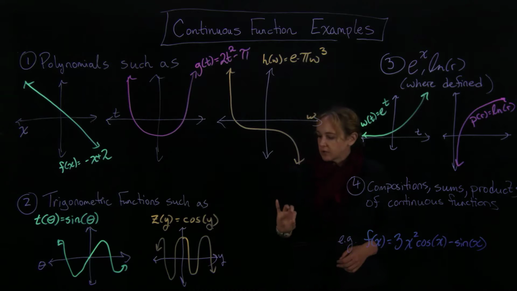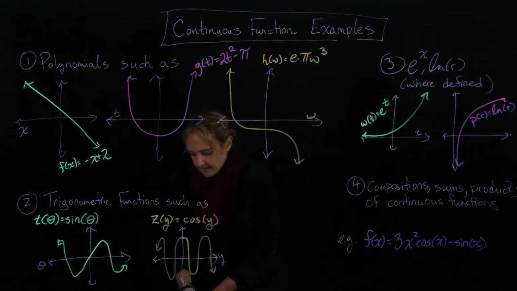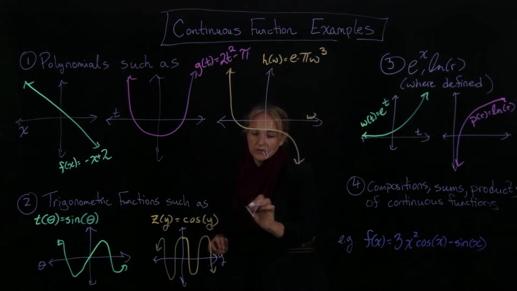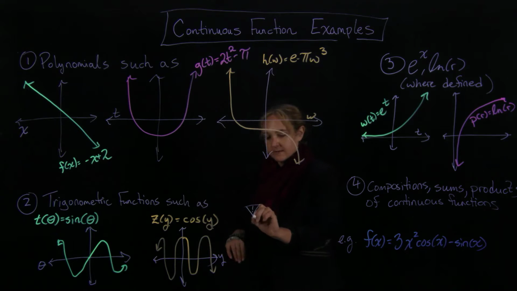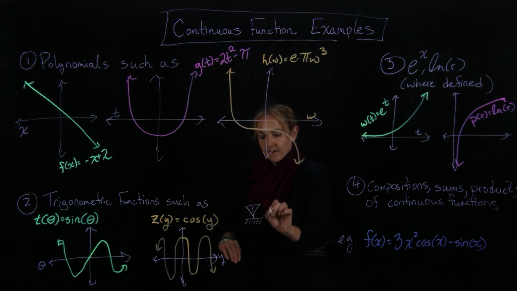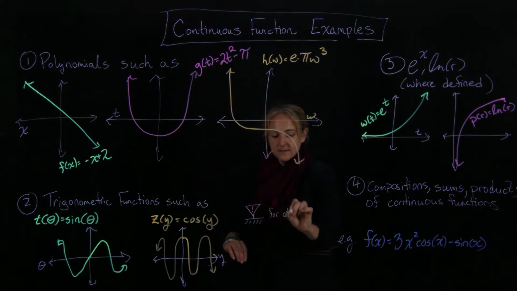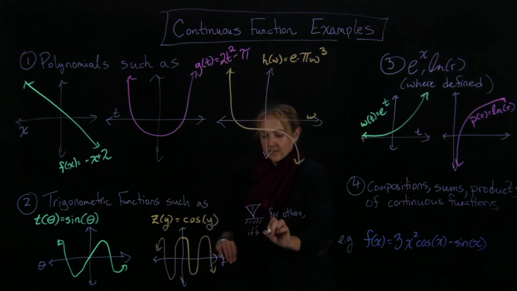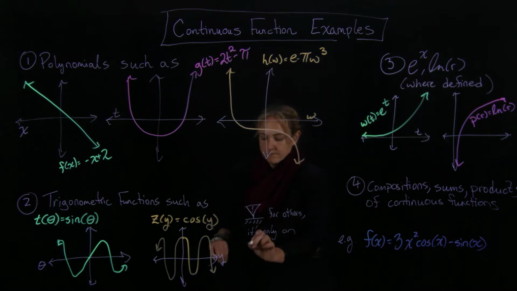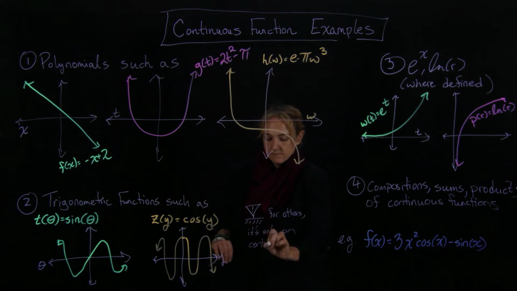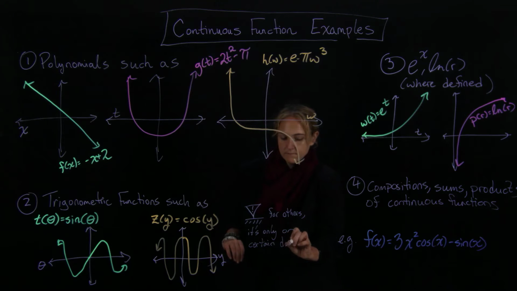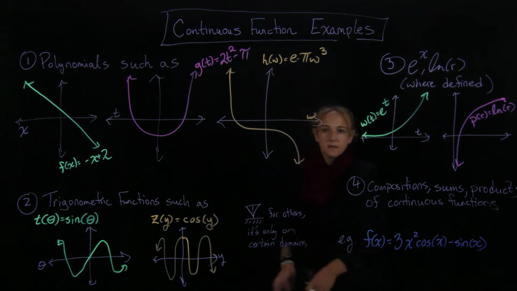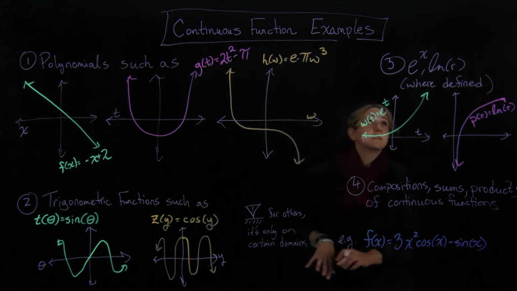You do have to watch out, because sometimes people will talk about other trigonometric functions, and for those, they're only continuous on certain domains. So that's a little cautionary note when talking about trigonometric functions.